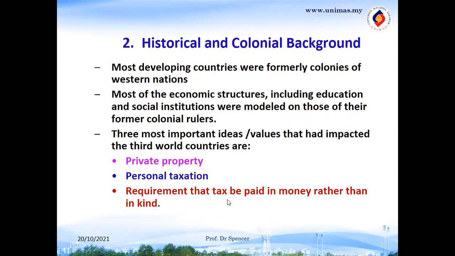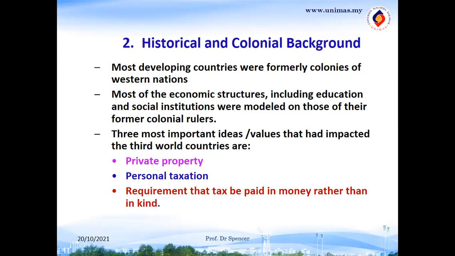All right. Yang keduanya, this is with regard to the historical and colonial background. Yeah, most of the developing countries were formerly colonies of Western nations. Ini masuk negara di Afrika, masuk negara di Asia, masuk juga negara in some parts, in other parts of the world as well.